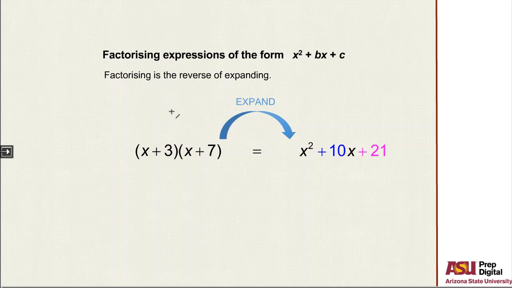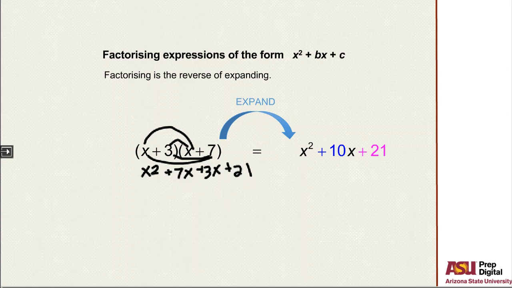And to visualize that, you may have seen this strategy where we multiply the first to get x squared, the outside to get 7x, the inside to get 3x, and then the last to get the 21. And when you combine the 7x and the 3x, that's where this 10x comes from.